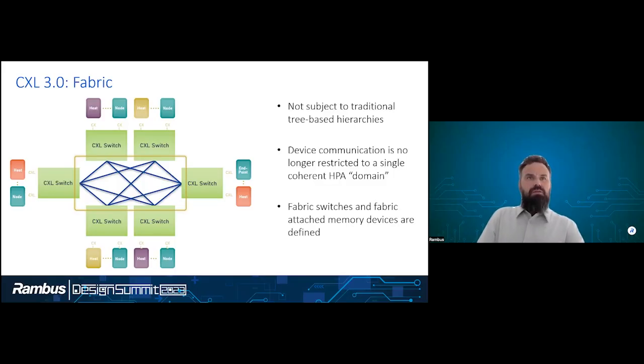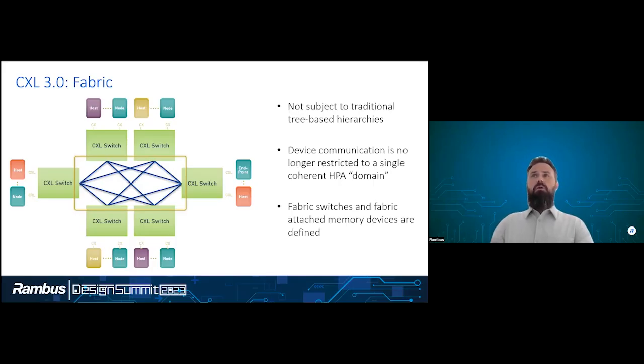With this, CXL 3.0 defines a new type of switch, and that is a fabric switch. The fabric switch uses a port-based routing mechanism to really bring these capabilities to life. In addition to that, we've also defined some new fabric manager capabilities for fabric attached memory devices.